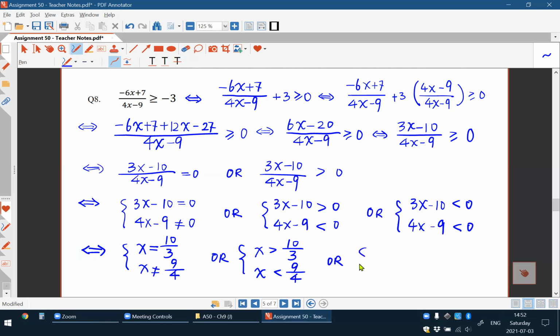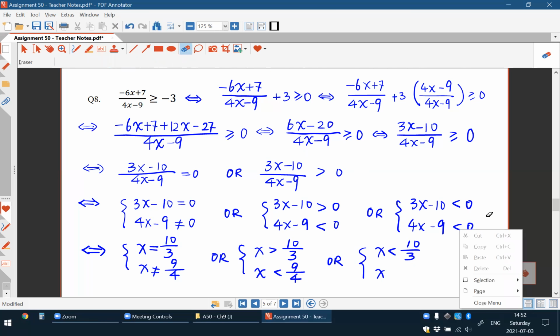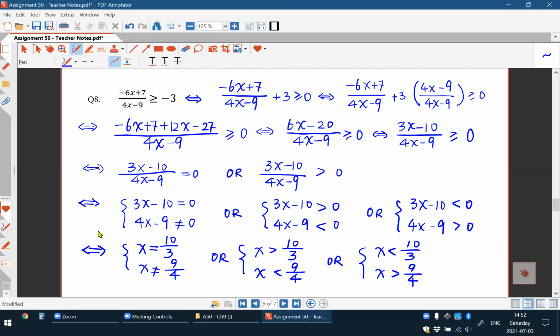Next is x must be smaller than 10 over 3 and x must be, sorry, there's a typo here. This should be above 0, right? The signs of the two numbers must be the same. And x must be greater than 9 over 4. Understand?